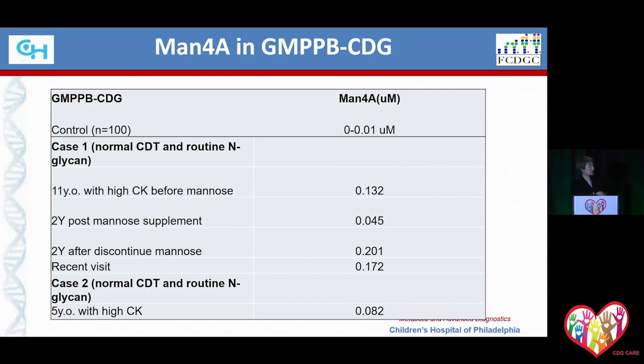These findings really helped us when the second case showed up from Canada. This is a 5-year-old girl with a similar story, but even milder than our first patient. We were able to confirm this biomarker is indeed increased, and because of this, the family opted for high-dose mannose supplement.